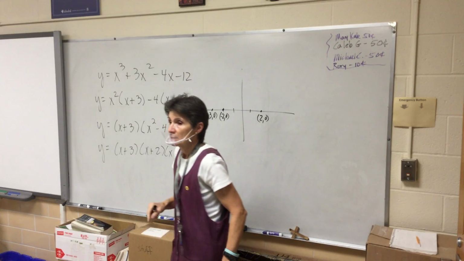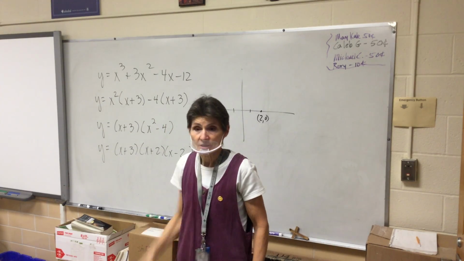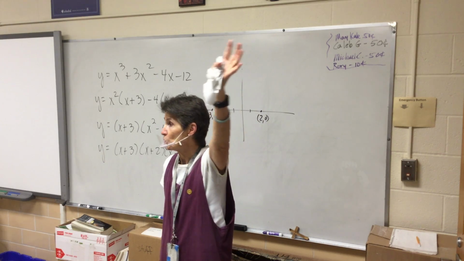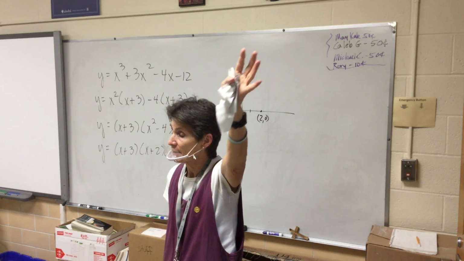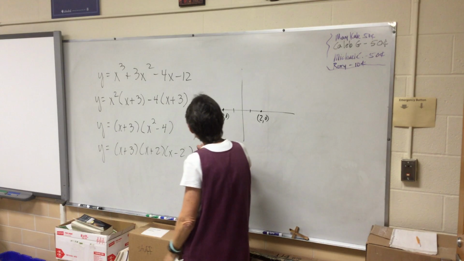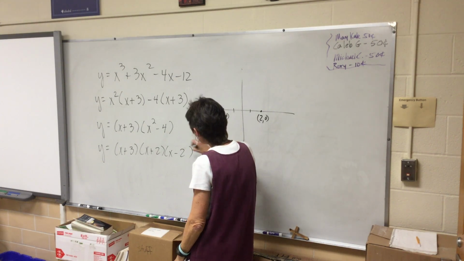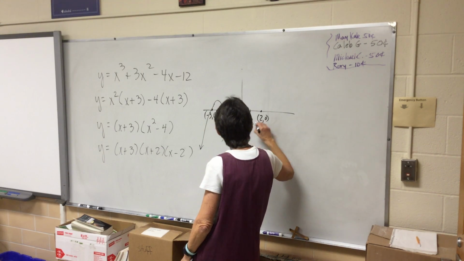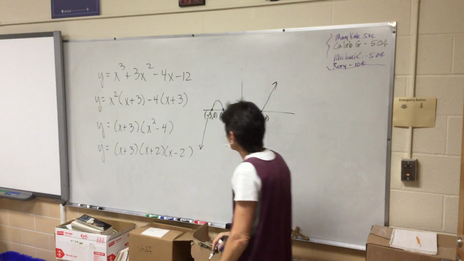X cubed starts down, ends up. Think of x cubed, your BFF, starts down, ends up. So this thing's going to start down here. Nothing is squared, right? So I'm just going to go right through everything. So I go through, go through, go through.